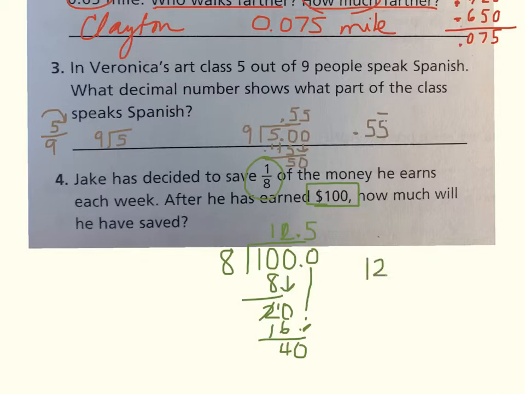So you're not going to write your answer as 12.5 because that's not telling how much he saved. You're going to add another 0, and you're going to say he saved $12.50. This is a great time to go back and say, does that answer make sense? Because if you had taken 100 and multiplied by 8 because you weren't sure what to do, you would have gotten 800, and that makes no sense, that he could have saved more than he made.